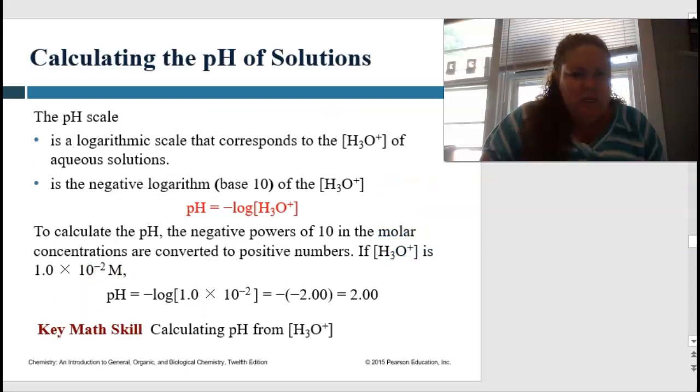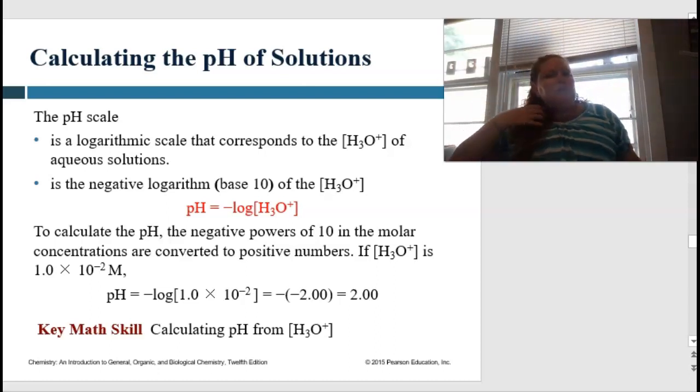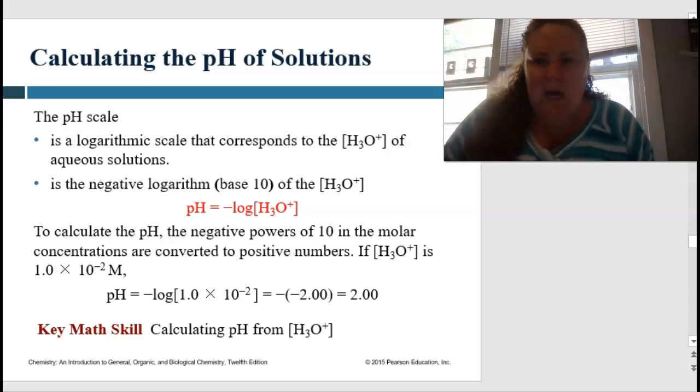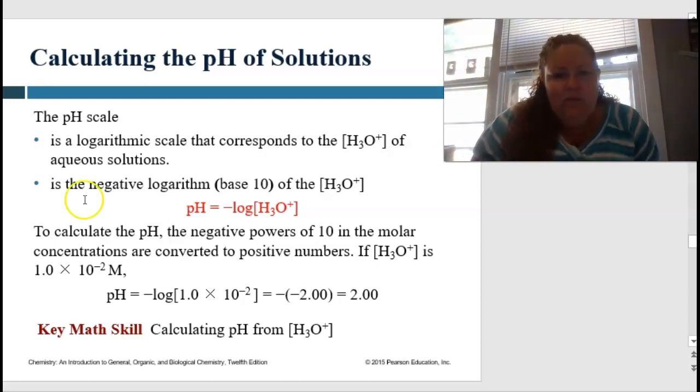Okay. So how do we calculate the pHs of these various solutions? Well, we use the pH scale, and this is a logarithmic scale that corresponds to the amount of H3O+ in an aqueous solution. So it's the negative logarithm base 10 of the H3O+ concentration. So pH is the negative log of H3O+. To calculate the pH, the negative powers of 10 in the molar concentrations are converted to positive numbers.